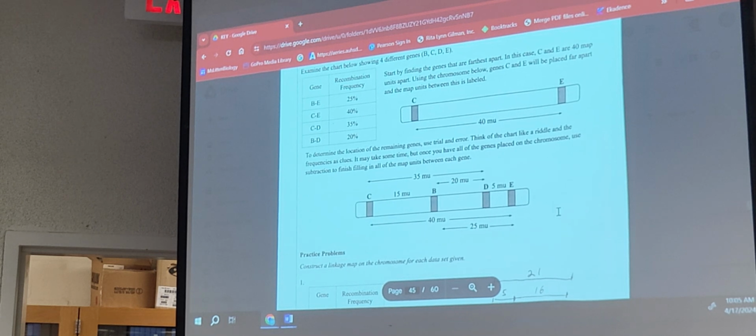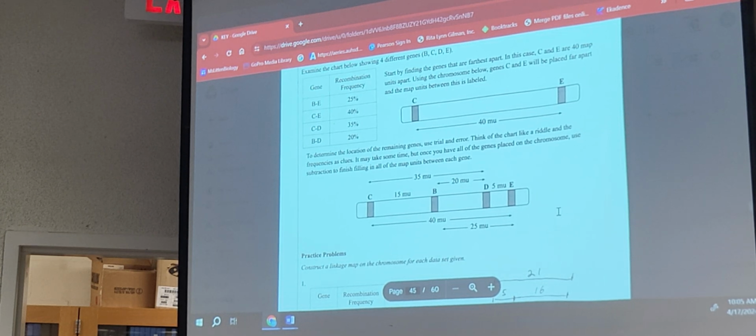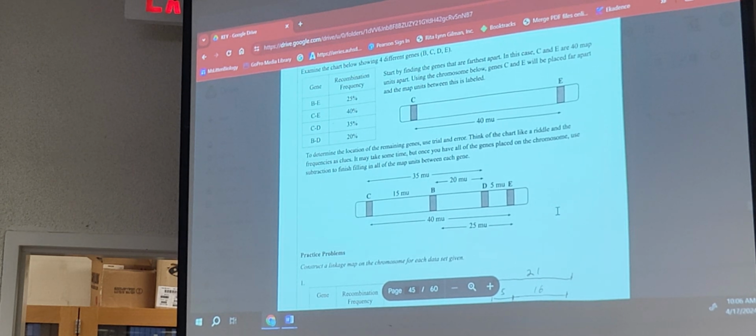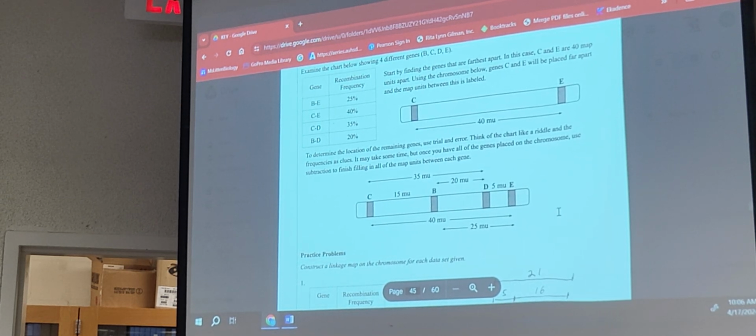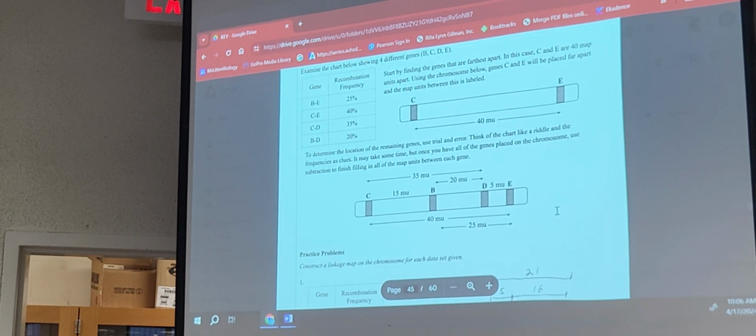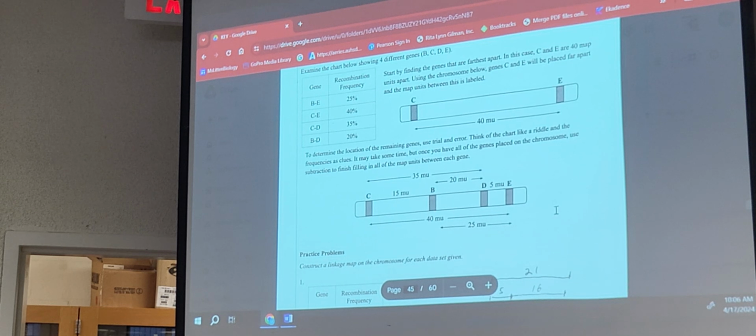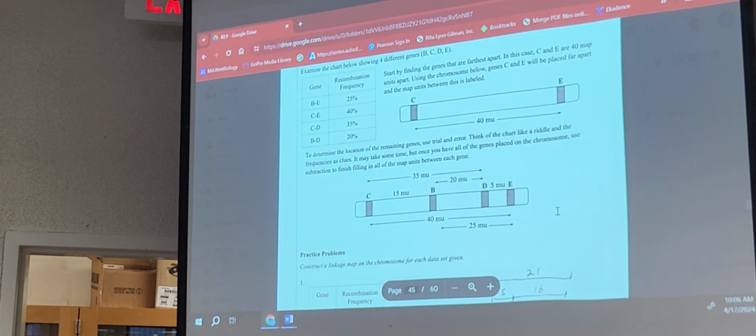You can't be 25 this way and only 20 this way. If it were only 20 this way, that would put D here. This B to E tells you that D has to be here, and it moves the B to that side. Because it's impossible for B to E to be 25 and B to D to be 20 with D in here. It just mathematically doesn't work. Does that make more sense? And that's what you have to do, is kind of reason that out.